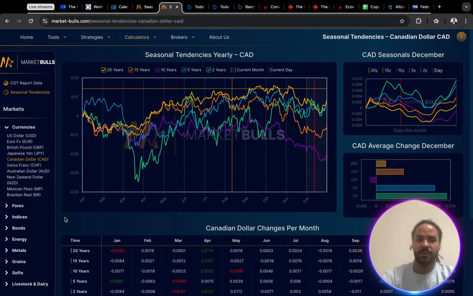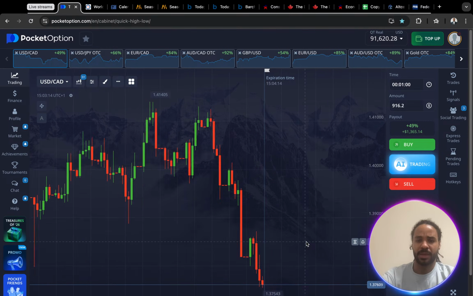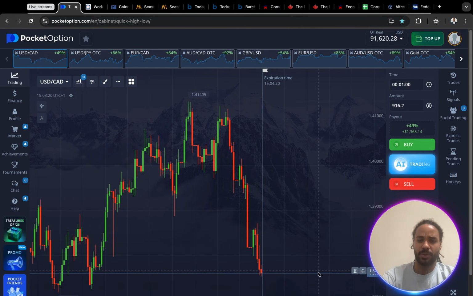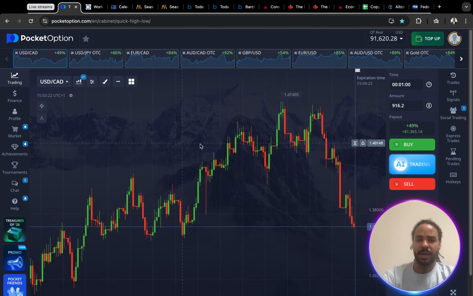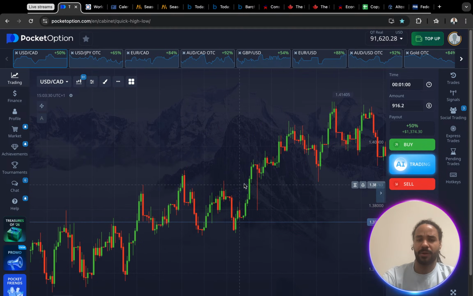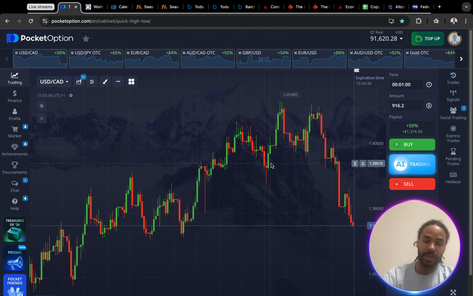Comparing it with the US dollar seasonality, and we get the drop. Now, you want to be very careful so you're not caught up in these bullish candles, right? That's why it's very important to look at the overall trend. Look at these key psychological areas where we have support, where you have resistance. Look at the pullbacks. Now, this is one way how you could do it.